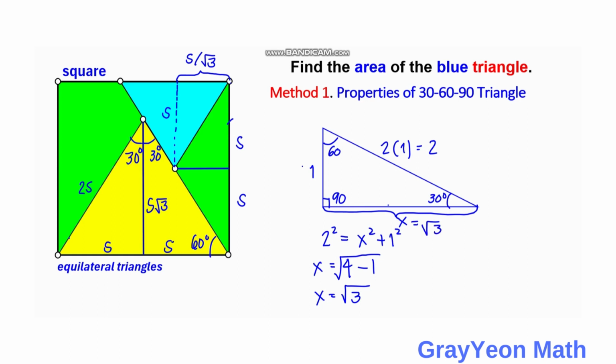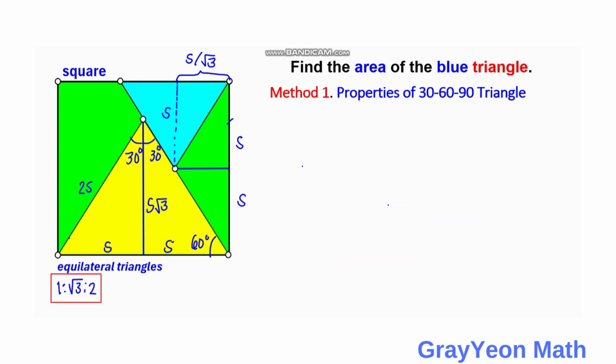So the ratio for a 30, 60, 90 triangle is 1 to square root of 3 to 2.